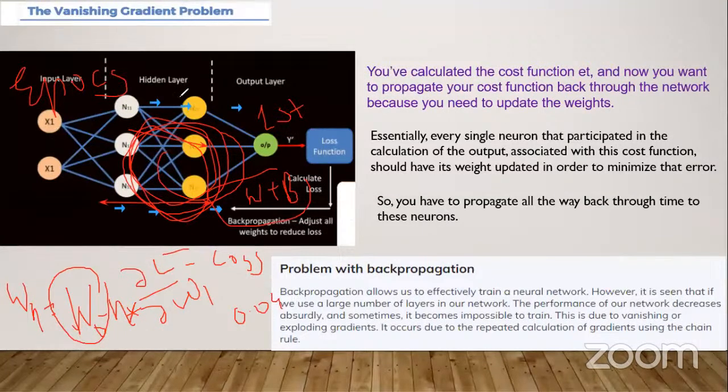I will also explain in detail why the derivatives are calculated and why the number was getting small. Whenever you apply, let's say the learning rate is 1 and the old weight is 5, and you calculate the new weight, the new weight will be 0.25. So there is not much change in the weights.